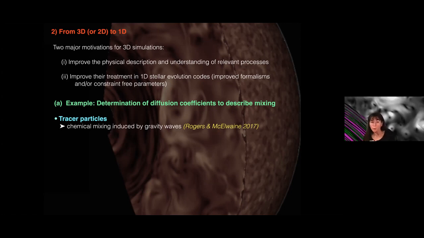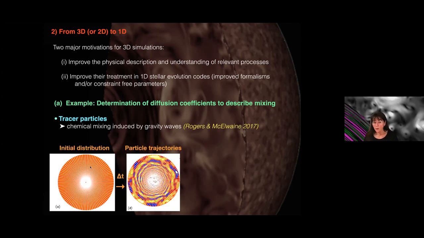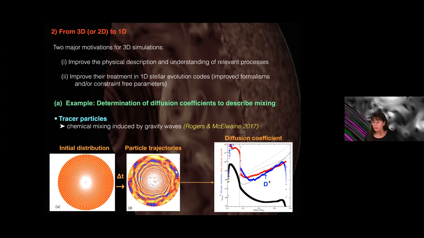There is an example with the study of chemical mixing induced by waves by Rogers and McElwain, where you have an initial distribution of particles. Here, those are the white dots. After some time, you study the particle trajectories. From there, you can infer a diffusion coefficient as a function of the radius in the stellar interior. And you can directly implement this diffusion coefficient in a 1D code.